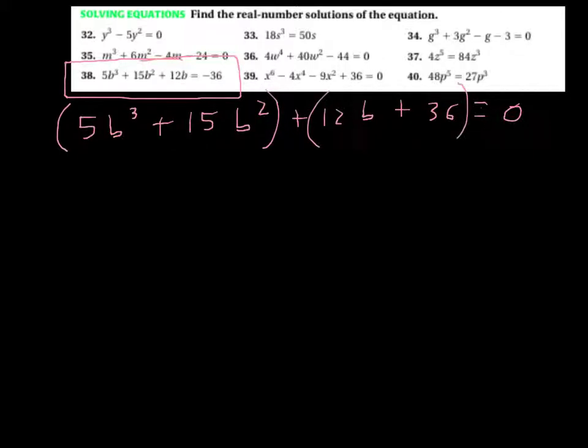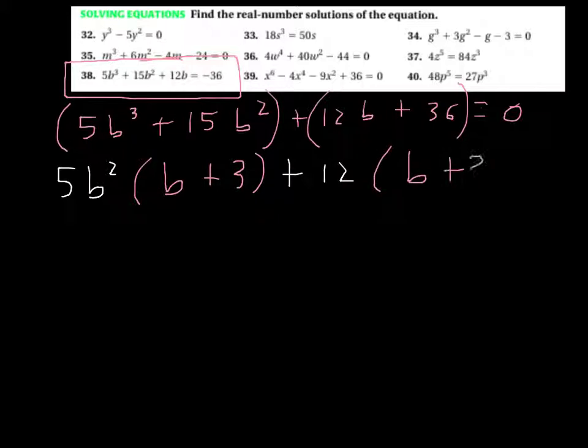Focusing on the front term, I'm going to choose to pull out a 5b squared, leaving me with b plus 3 inside the parentheses. And I'll follow that up with the next set, pulling out a 12, leaving me with, again, b plus 3.